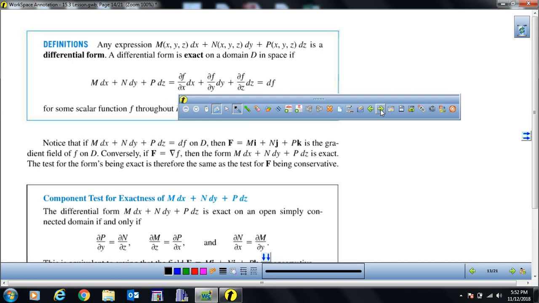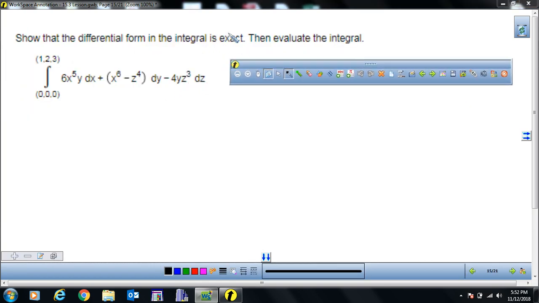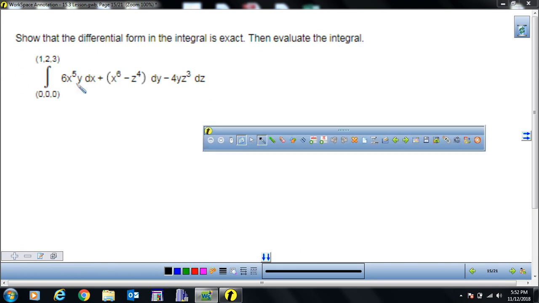Alright, so let's continue with this. Show that the differential form in the integral is exact, then evaluate the integral. 6x to the 5th y dx plus x to the 6th minus z to the 4th dy minus 4yz cubed dz. We want the integral from (0, 0, 0) to (1, 2, 3).